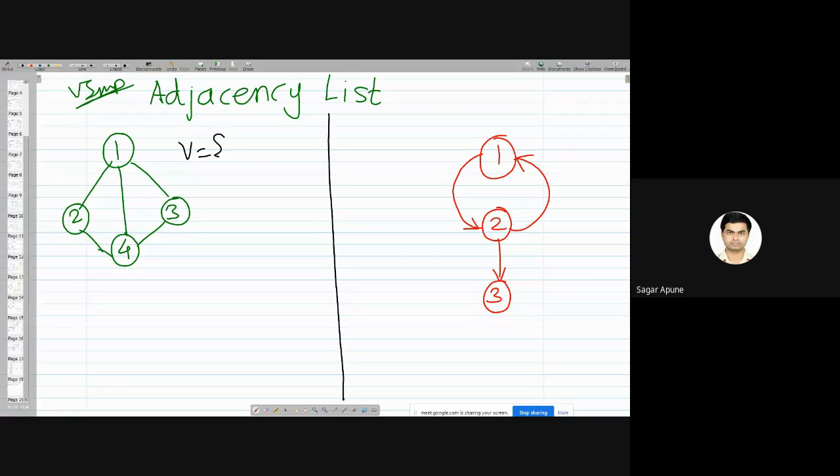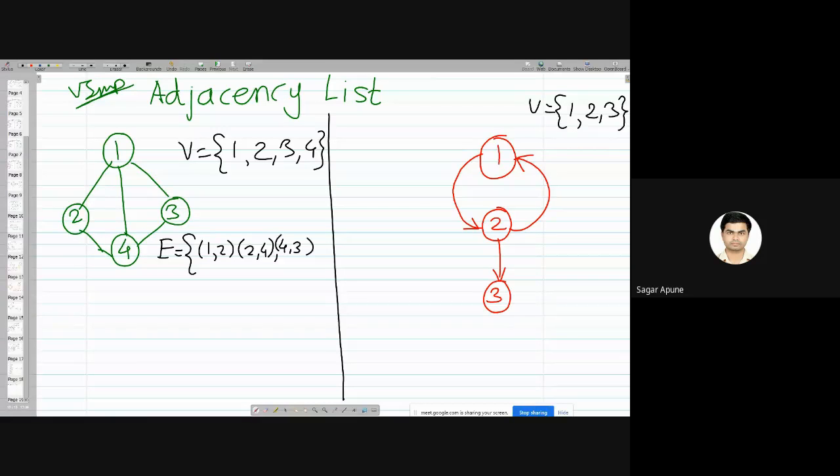Okay. So tell me, for this graph the vertex set V is 1, 2, 3, 4. Right? Now the edge set: edges 1, 2; again 2, 4; again 4, 3; next 1, 4; next 1, 3. Complete.